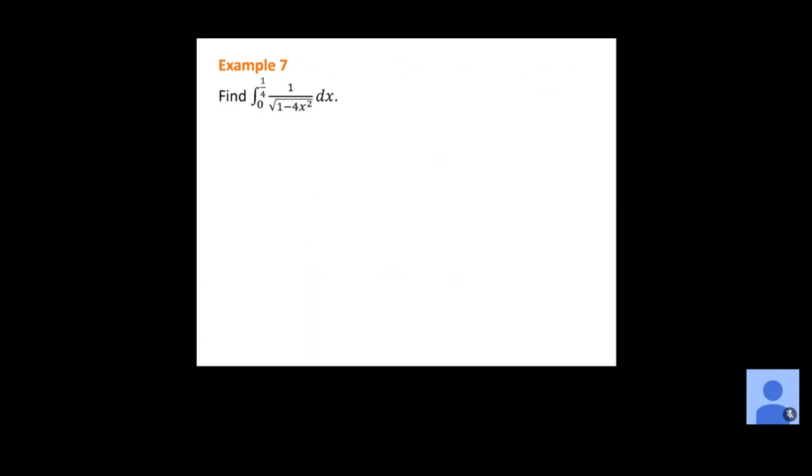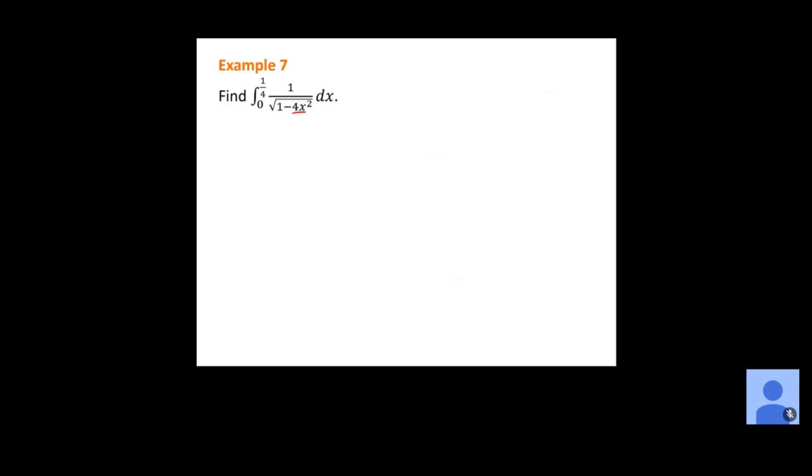So does it match anything that we've seen so far? Exactly, right? It's not exact, but it's very close to arc sine, right? So we can probably guess that we're going to get an arc sine out of this, but we can't just say that it's the arc sine of something because we don't have just an x squared right here. We have a 4x squared in there.